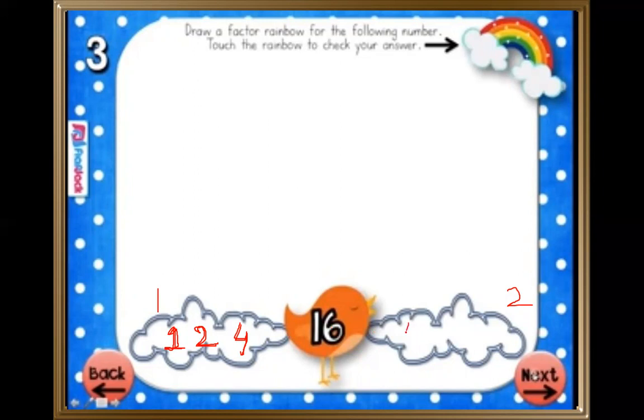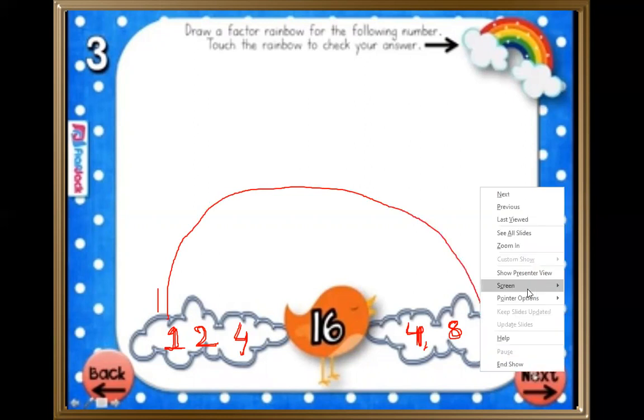These numbers are 4, 8, and 16. Now I have to make a rainbow for it. I have to match each with a number so that it gives me 16. I use the red color. So I match 1 multiply by 16. This is giving me 16.